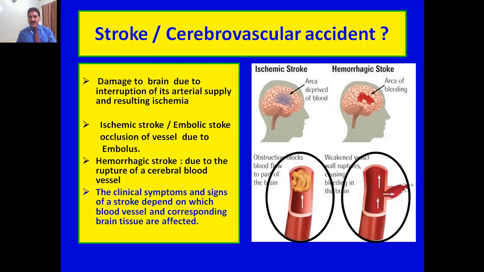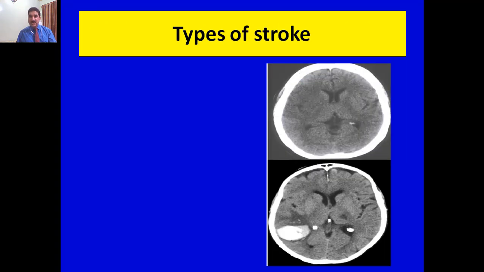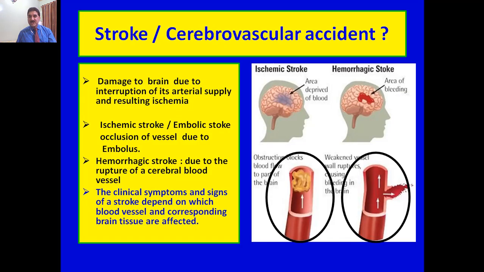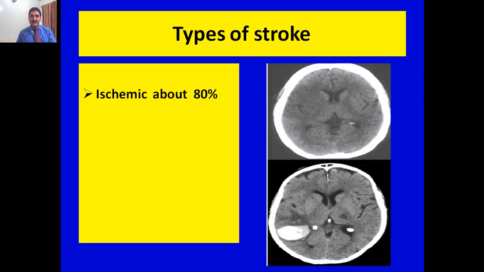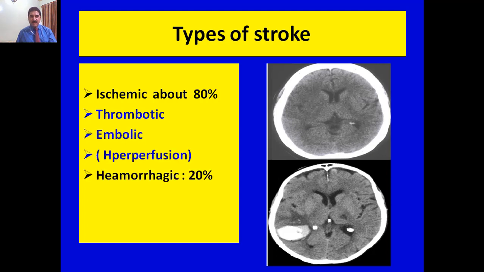In the second case, there is rupture of the blood vessel, maybe due to the underlying aneurysm, leading to hemorrhage and damage to the cerebral cortex. So there are two types of strokes. Ischemic stroke may be thrombotic or embolic. Then the second type of stroke is hemorrhagic stroke. Ischemic strokes are more common.